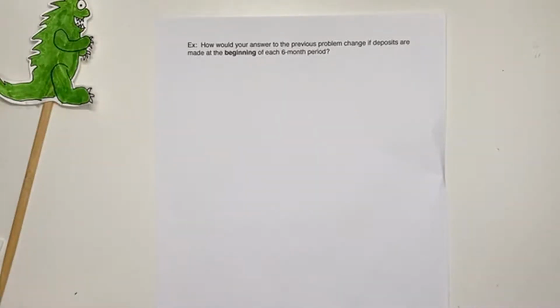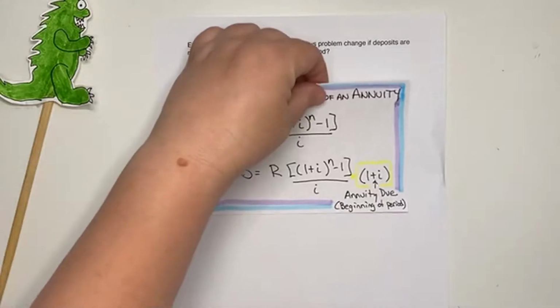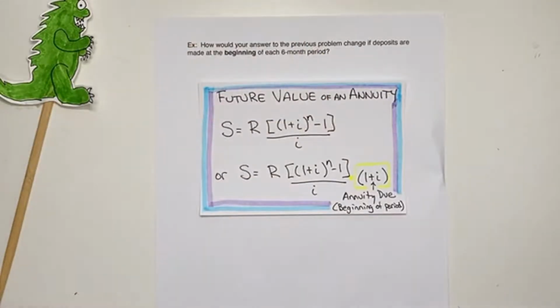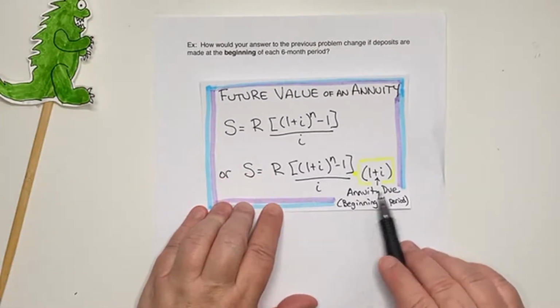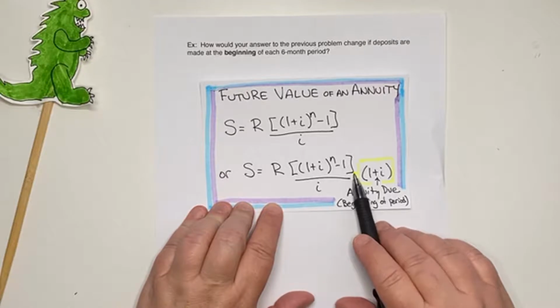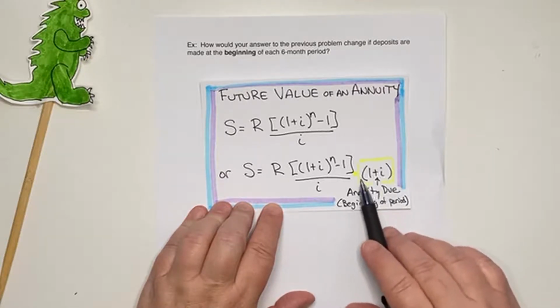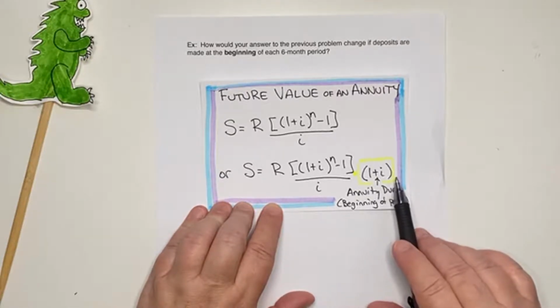And so I'm going to pull out my lovely formula sheet. So I've got a visual aid, and we can say if your annuity, if the deposits or the repeated payment is happening at the beginning of each period, you have an annuity due. And this means that you have a little extra guy stuck on.